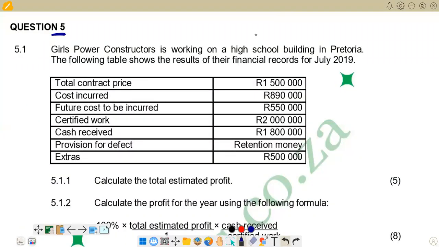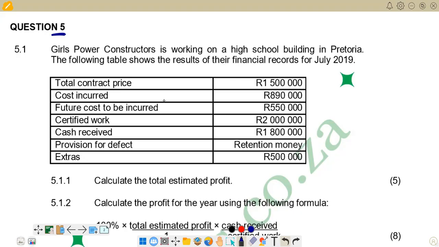This question is on contract costing. So we are going to start with 5.1.1. The question reads, Girls Power Constructors is working on a high school building in Victoria. The following table shows the results of their financial records for July 2019.